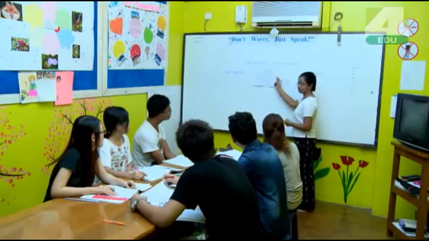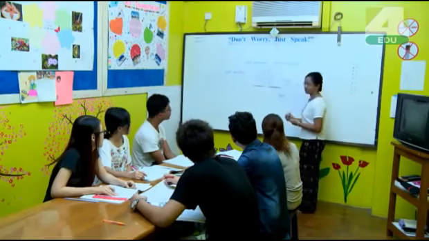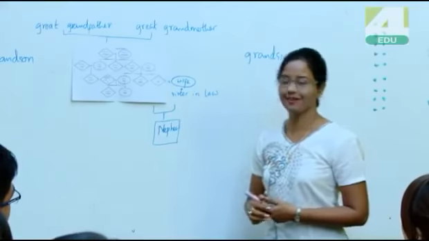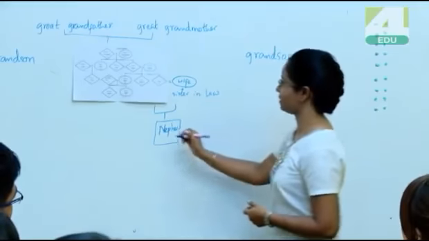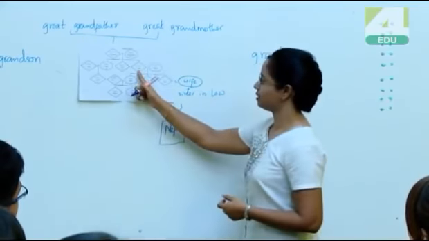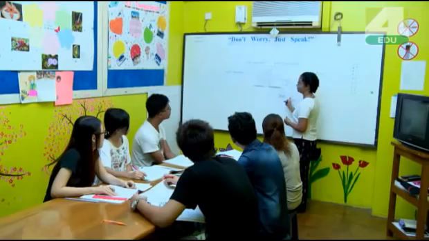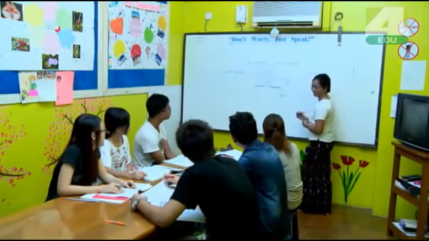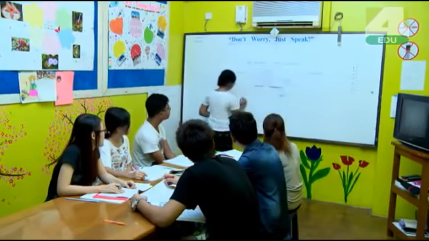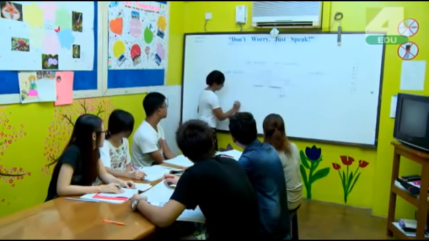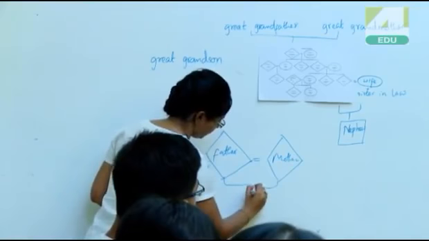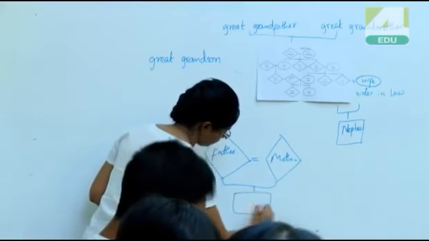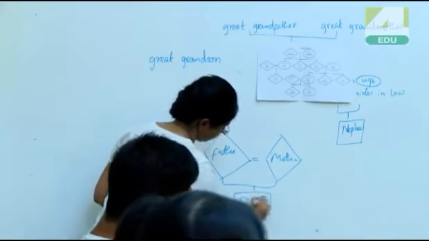Okay. So now I want to introduce about father, mother. Okay, right? So another mother. So here, for example, Steve's father has another woman. Okay. So how can we call? Stepmother. Okay. So this is Steve.